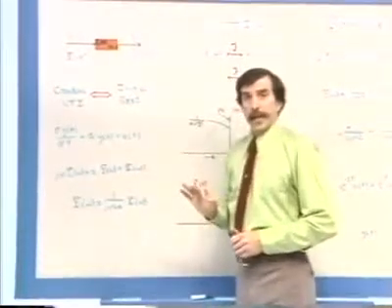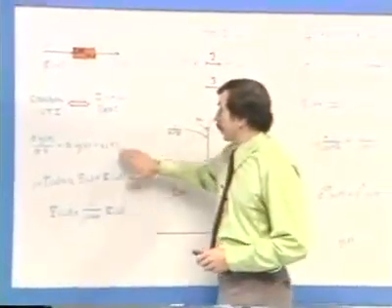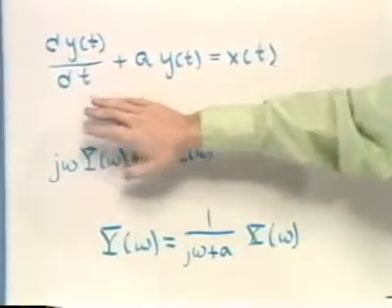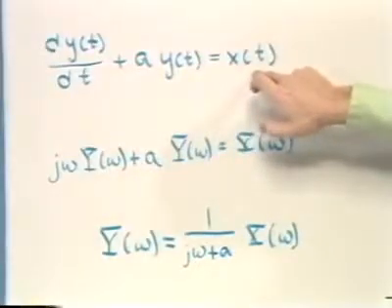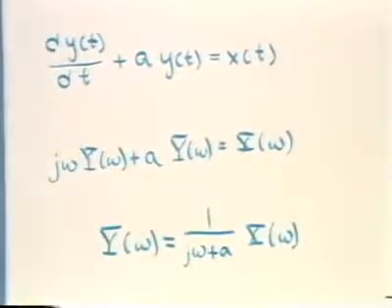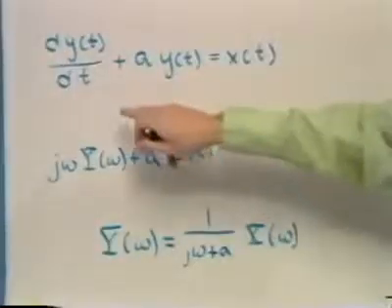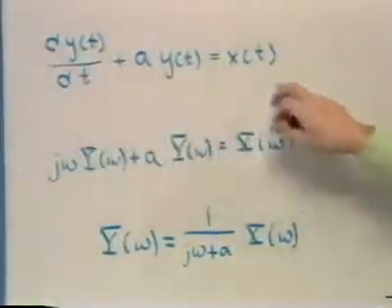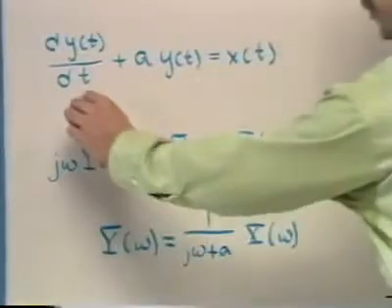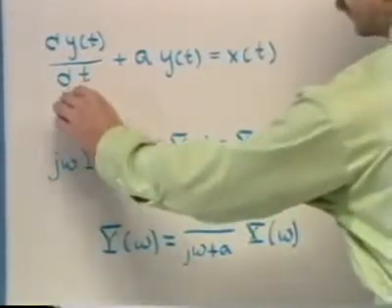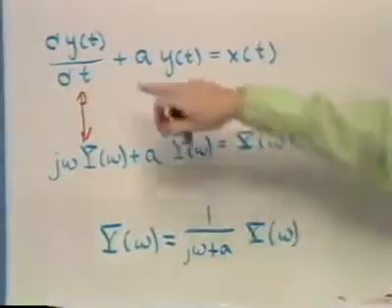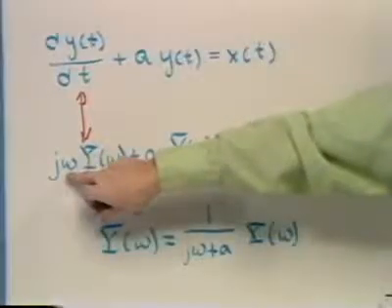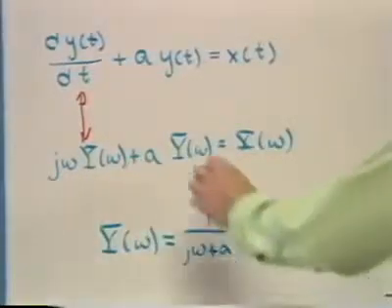So let's take as our example a first-order differential equation, as I indicate here. So the derivative of the output plus a times the output is equal to the input. And now we can use the differentiation property. If we Fourier transform this entire expression, the differentiation property tells us that the Fourier transform of the derivative of the output is the Fourier transform of the output multiplied by j omega.